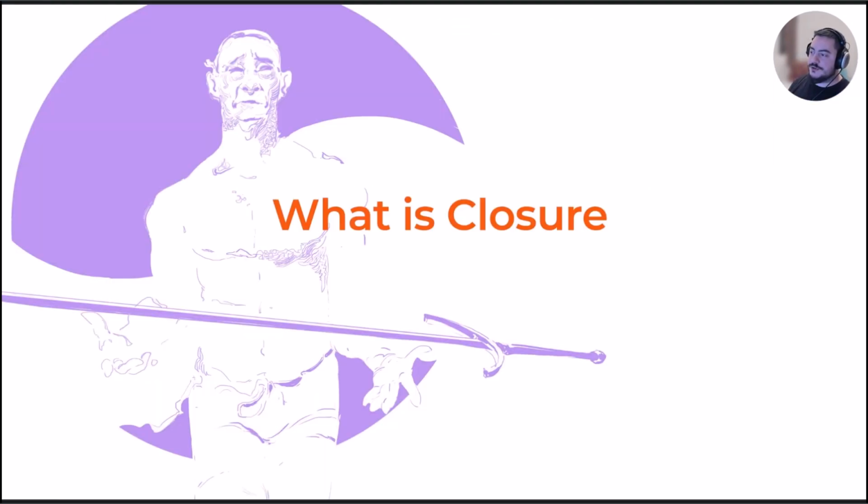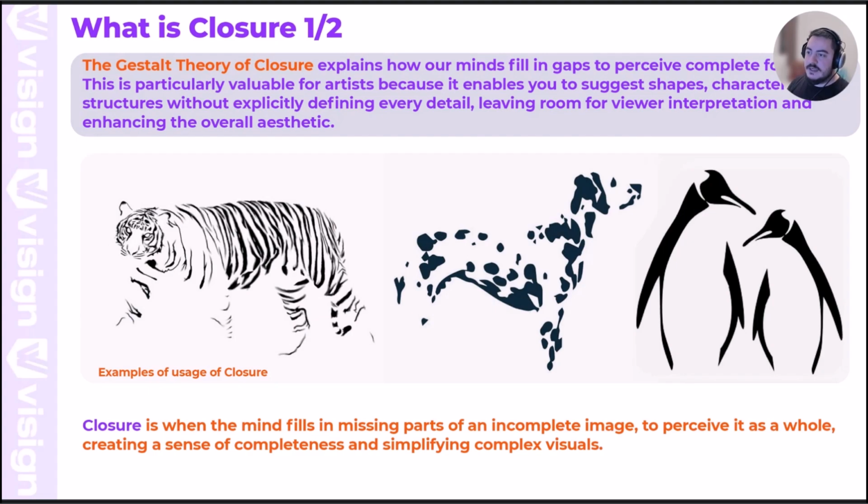Now let's see what is closure. The Gestalt theory of closure explains how our minds fill in gaps to perceive complete forms. In a nutshell, it's the idea where patterns meet some sort of edges and it becomes like a puzzle that we accomplish and finish with our minds, with our brains. Here we have a couple of examples.